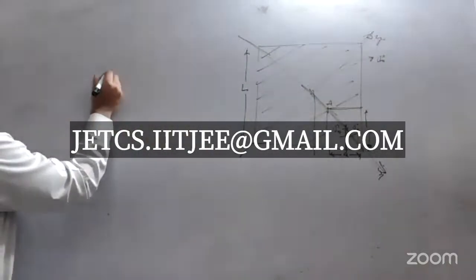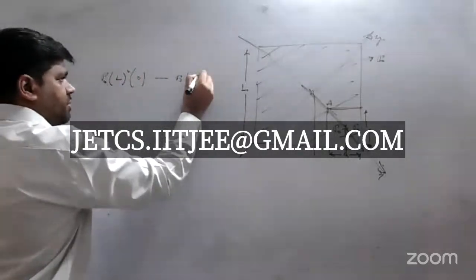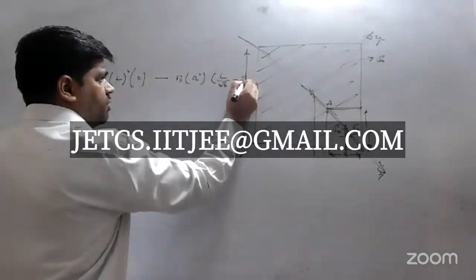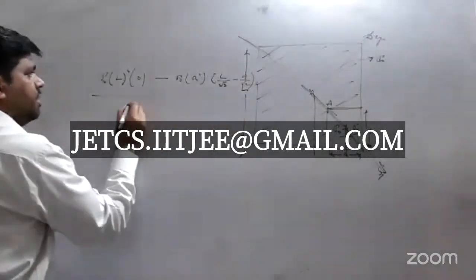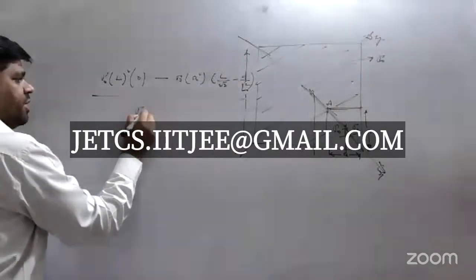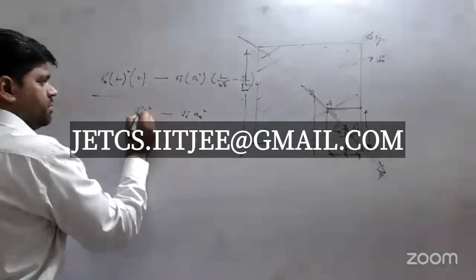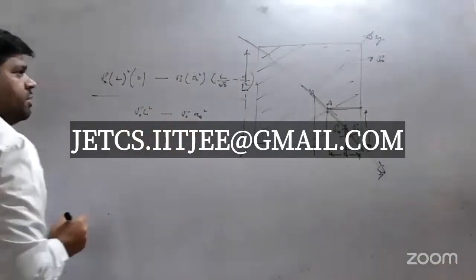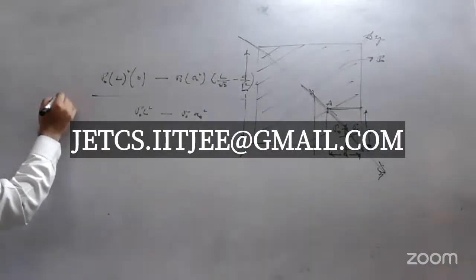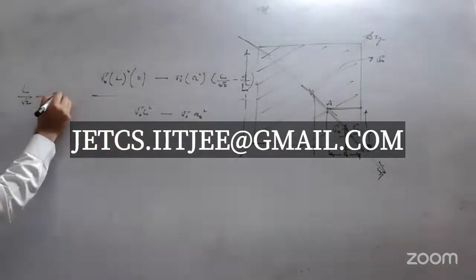So my center of mass would be sigma times L square into 0 minus sigma times A square into L by root 2 minus A by root 2, by sigma times L square minus sigma times A square. Sigma is cancelled out. Now this should be equal to L by root 2 minus A root 2.